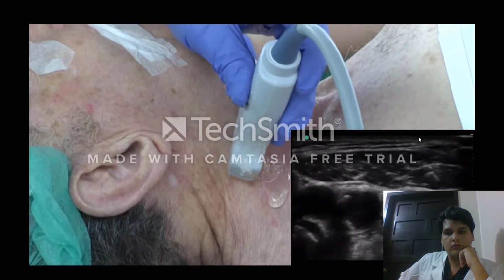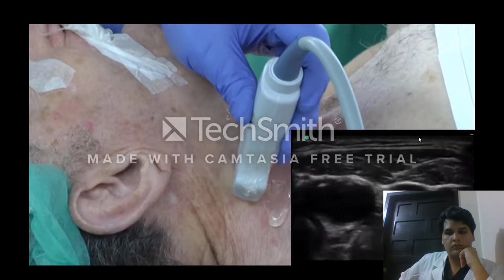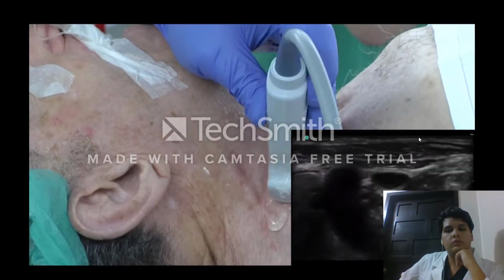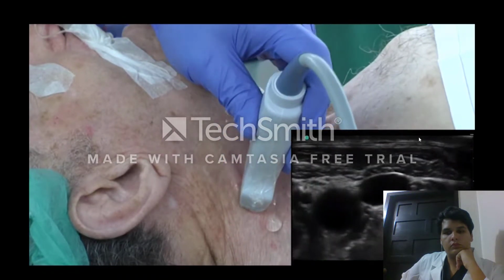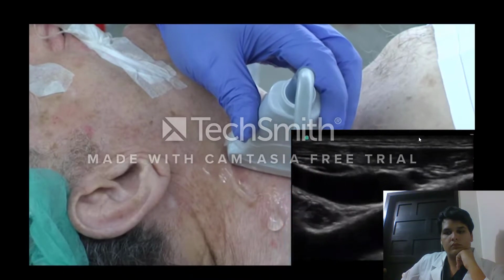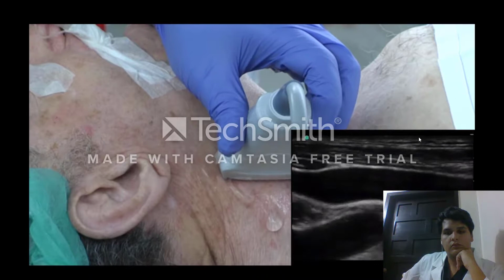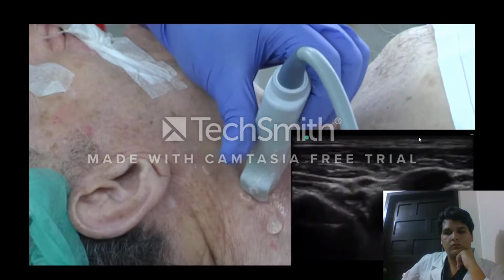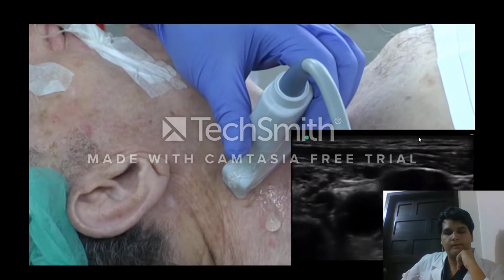By examining in a craniocaudal direction along the same axis, the carotid bifurcation and innominate artery can be observed. The jugular vein and carotid artery can also be examined in the long or longitudinal axis, and along the oblique axis, halfway between the longitudinal and transversal axes.